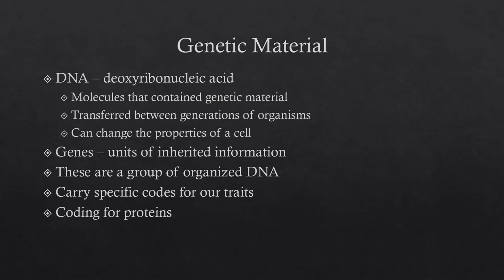Now, these genes are the inherited information that turns into traits that can be shown on your body or on an organism's body. Now, for genetic material, they're formed into groups, and this DNA is what codes them into groups, and each little coding pattern will turn into that specific genetic material.